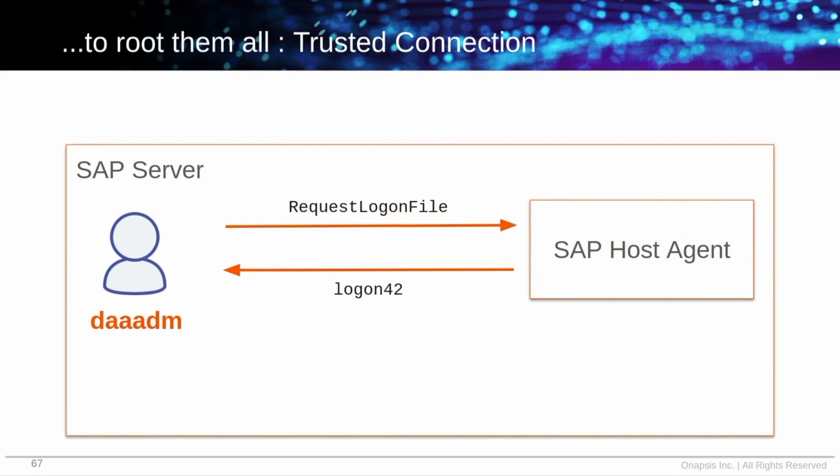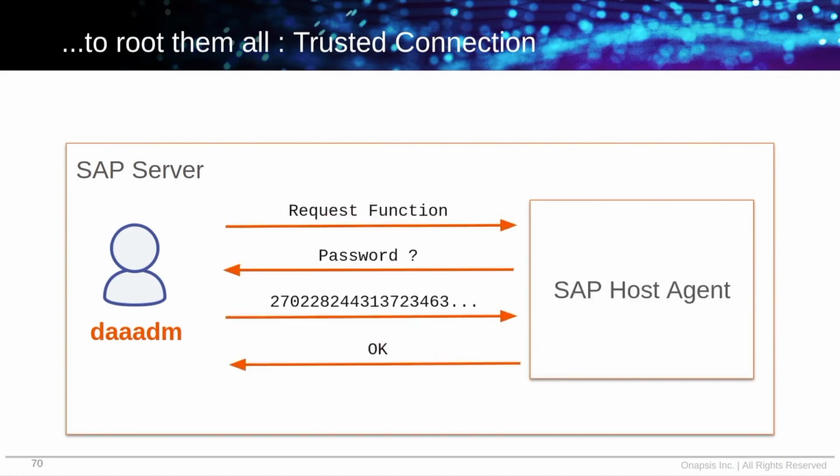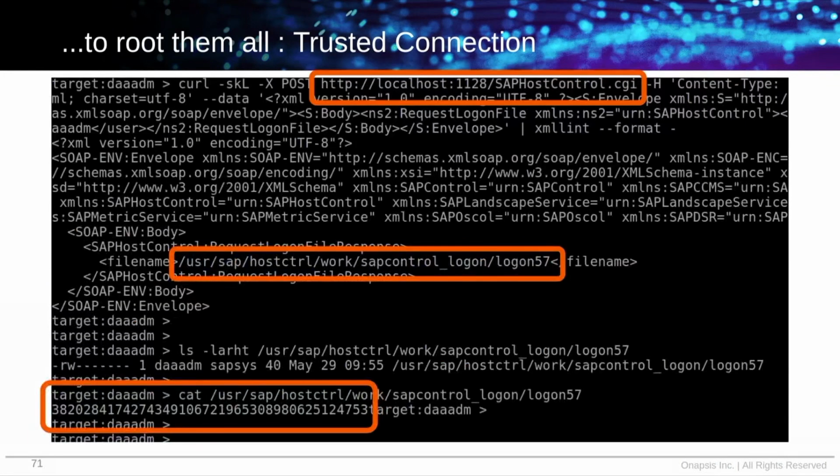The SAP host agent sends back the path, a local path to a file, for example, logon42. Then the ADM reads the content of this file, and the content of this file is the password, the temporary password you can use to perform one request. So meanwhile, this is very simple like that.